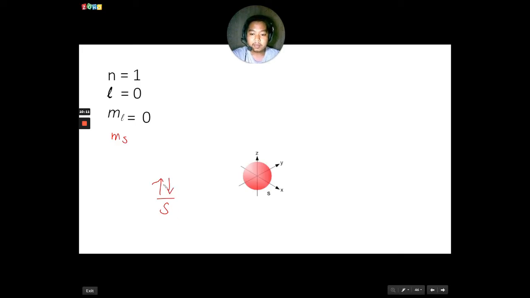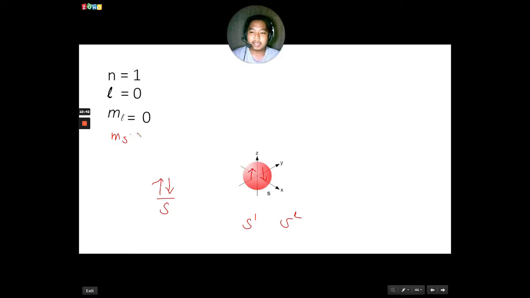These are the possible electrons that can be located because each orbital can hold two. So here, there's an electron that is spinning upward and an electron that is spinning downward. The first is one and the second is the other.